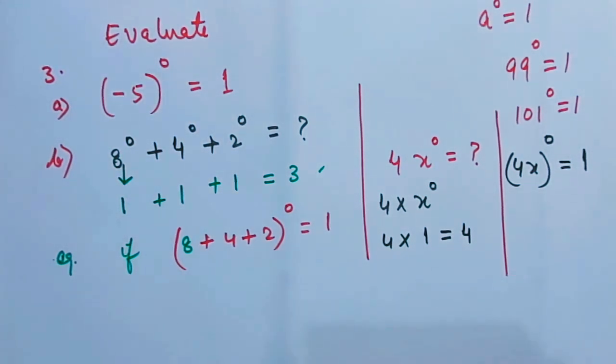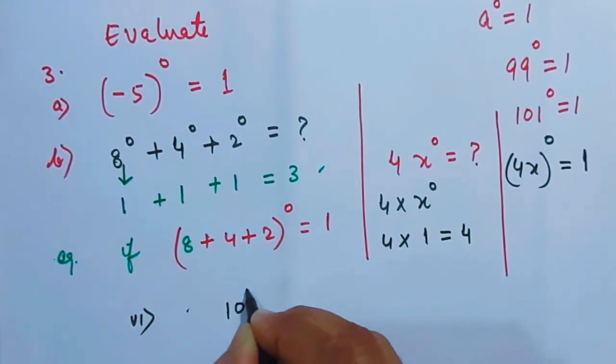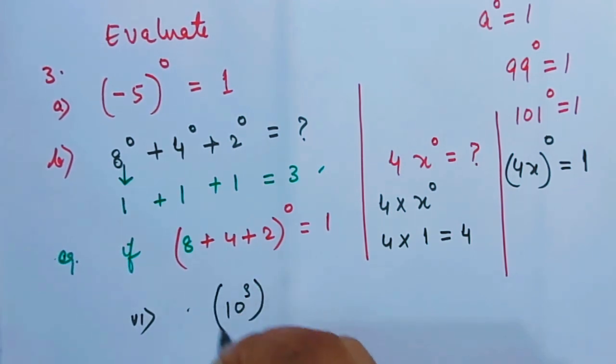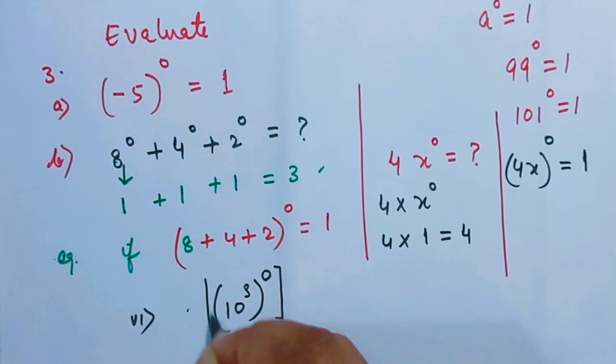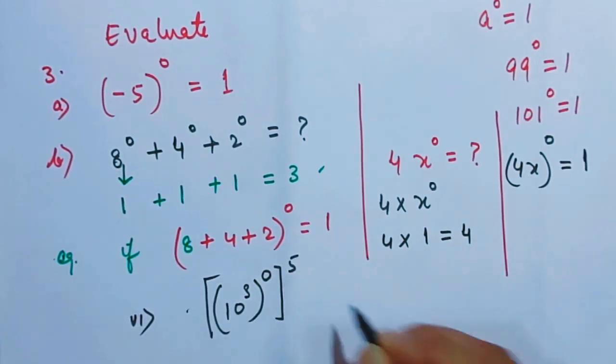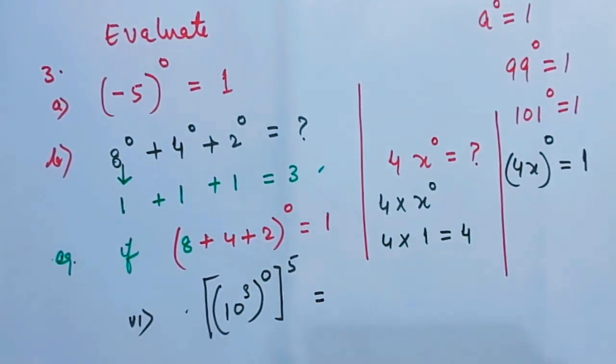Okay, let's take one more, the last one. The sixth portion was 10 to the power 3 raised to the power 0 and again raised to the power 5. Now they are asking what will be the value. So as I had told you earlier, when a power is raised to another power, we multiply all the powers.